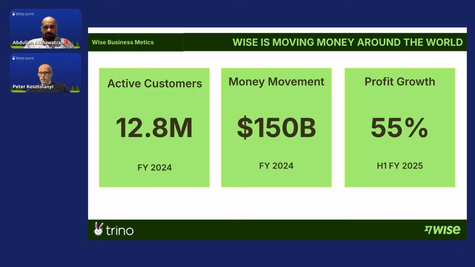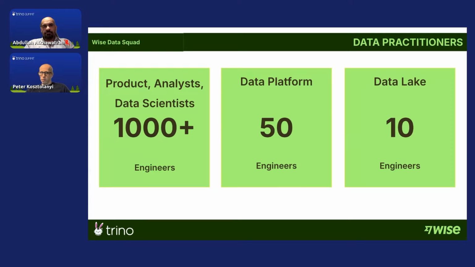From the data's perspective and how we work with data at Wise, I want to show some further metrics. In general, at the company, those directly or indirectly connected to producing data add up to more than 100 engineers, including product engineers, analysts, data scientists. Everybody contributes to our data volume.